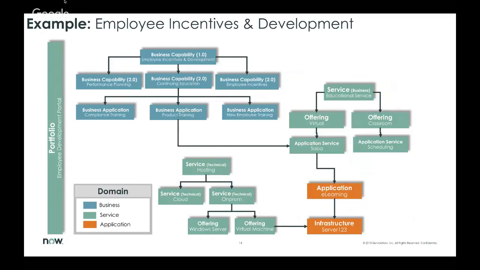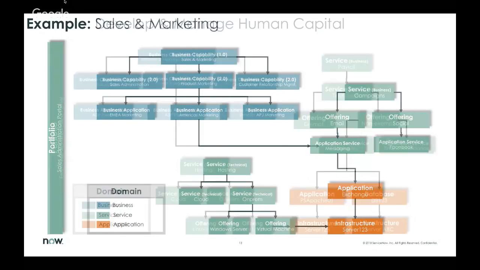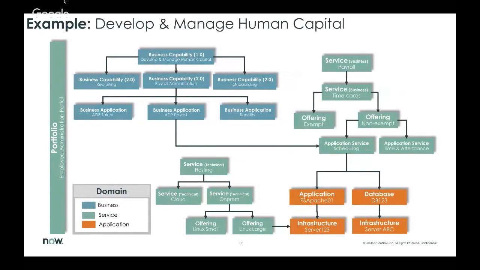So we've mocked up a few examples. I'm just going to jump back a couple slides to point out one example here. If you look at the upper right-hand side where we've got this business service payroll, there is no specific offering off payroll in this example. But as you drop down in the hierarchy of business service, now you've got time cards, and there are offerings associated with that. So the point of sharing this is not every service is going to be required to have an offering. Ideally, we would recommend that, but understanding that there are situations where that may not be practical.